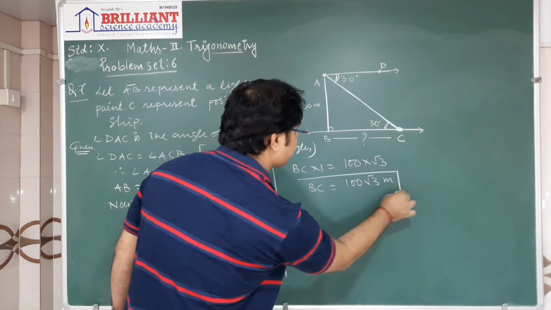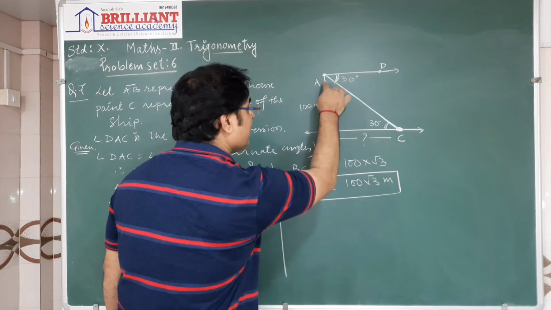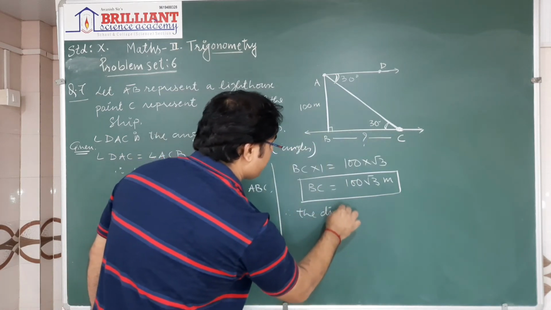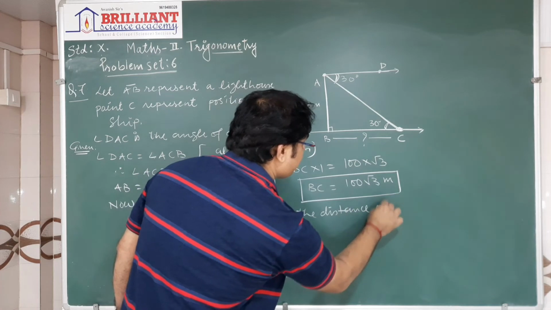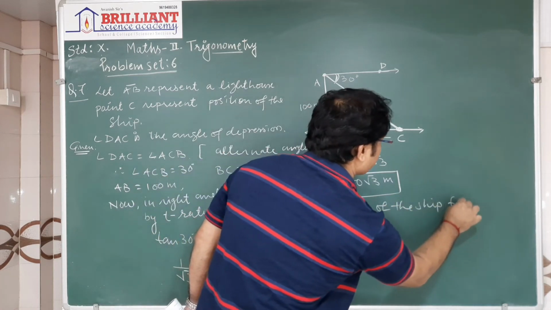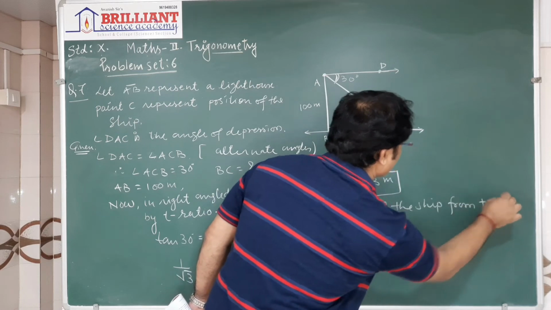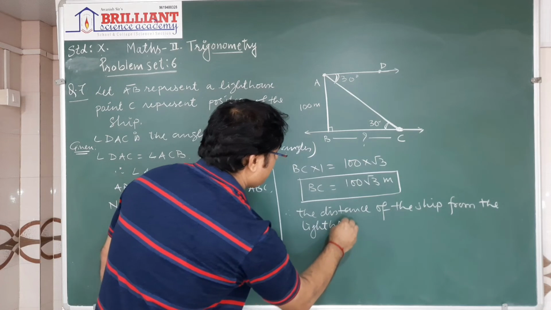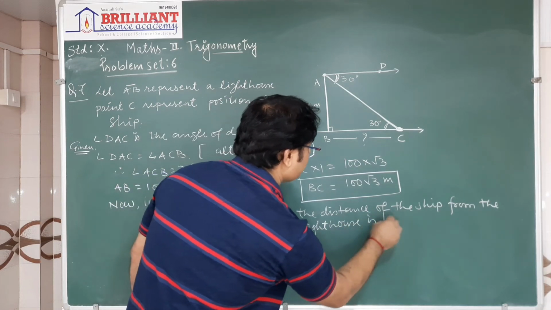This is the distance of the ship from the lighthouse. Therefore the distance of the ship कहाँ से? लाइट हाउस से, from the lighthouse is how much?